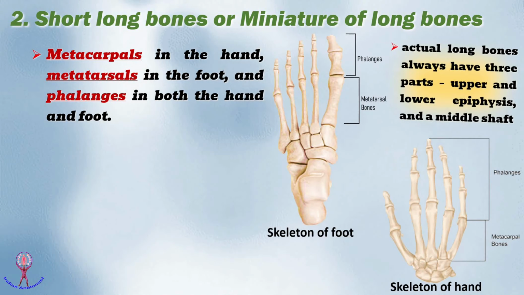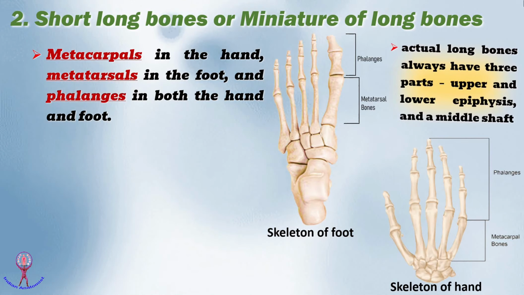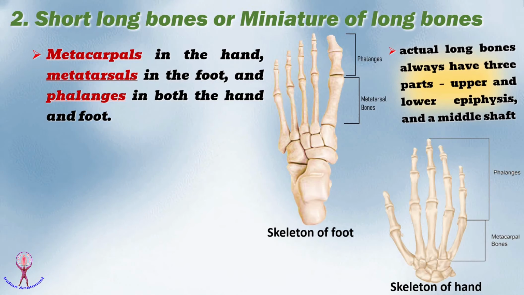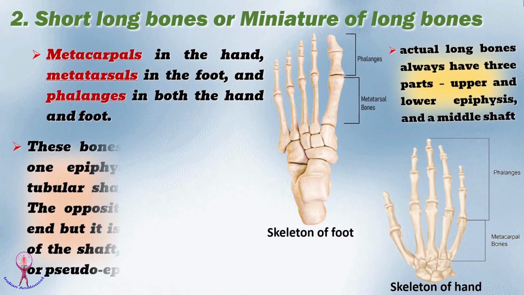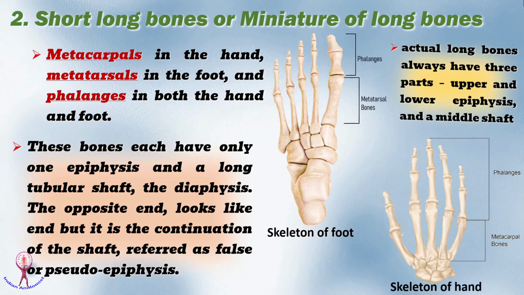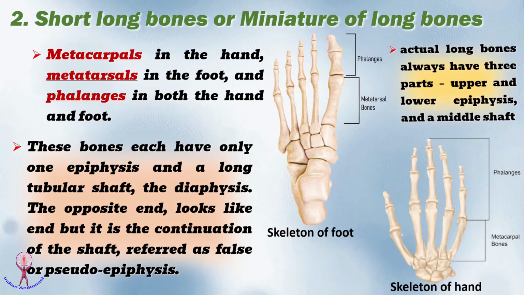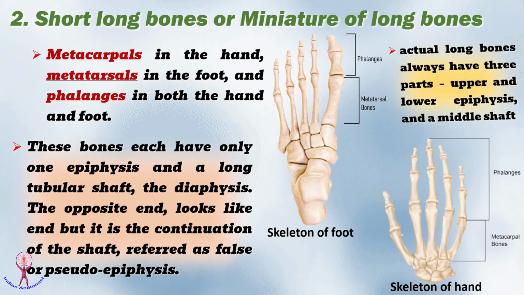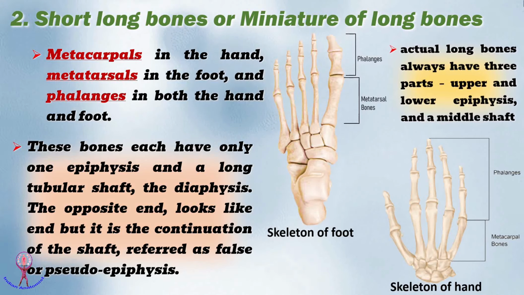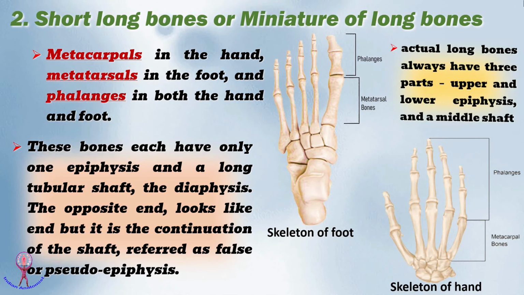Since actual long bones always have 3 parts, an upper epiphysis, a lower epiphysis, and a middle shaft. Whereas short long bones each have only 1 epiphysis, and a long tubular shaft, the diaphysis. The opposite end looks like an end, but it is the continuation of the shaft, also referred to as pseudoepiphysis.